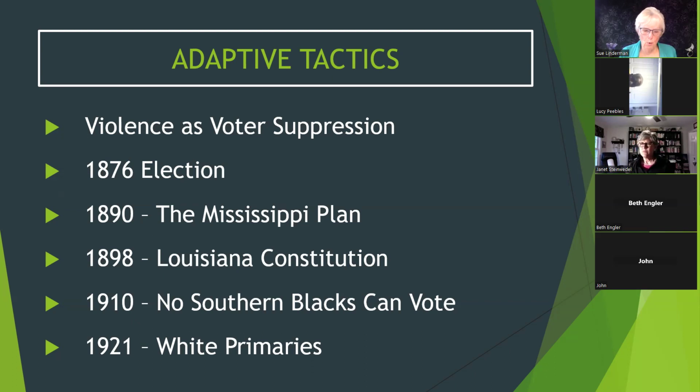The Supreme Court ruled that political parties were private organizations and not part of the government election apparatus. And so the Democratic Party, as a private party, could exclude whoever it wanted, even though that was the source of the candidates and those who were elected.